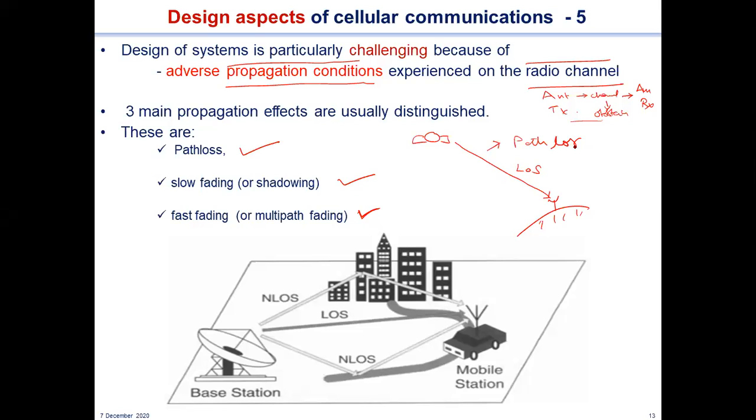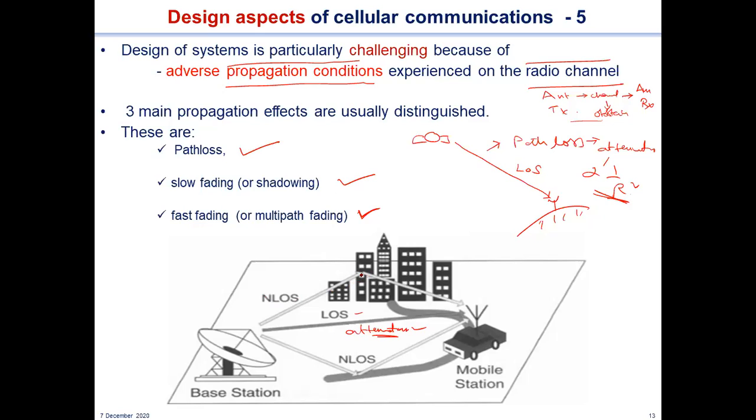Path loss means attenuation of the signal, which is proportional to 1 by r square, distance square. And because of the shadowing, even though there is a line of sight propagation, there will be an attenuation in the signal. There may not be any phase change of the signal, but attenuation will be there.